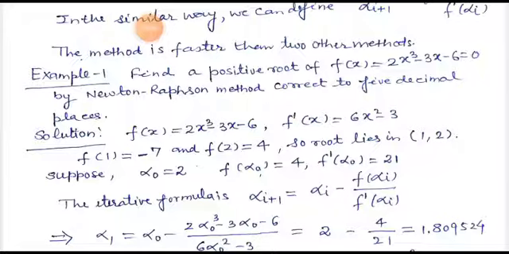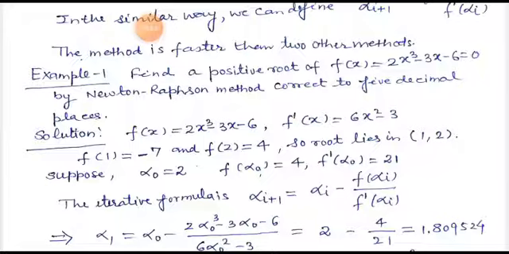Now f(1) gives minus 7, that is negative. f(2) gives 4, that is positive. Here we conclude that the root lies between 1 and 2, because f at 1 is negative and f at 2 is positive.